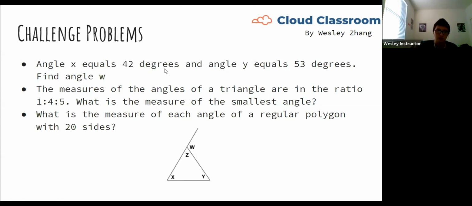So the ratio of the smallest angle to the sum of all of the interior angles is 1 to 10. That is our ratio, but 1 to 10 is a simplified ratio. We want to find the actual measure of the smallest angle.